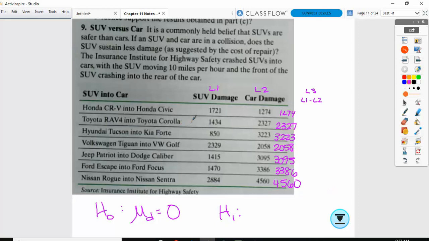So it wants to know, does the SUV sustain less damage? So we did SUV minus car. If the SUV had less damage, what would my alternative be? Less than 0. If the SUV is smaller, then you should get a negative when you subtract them.